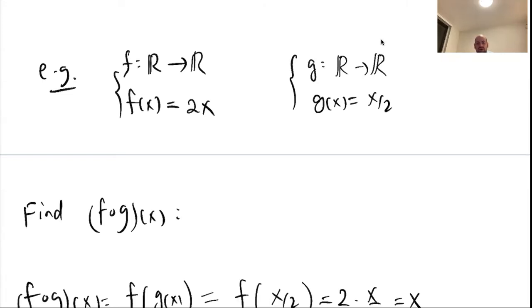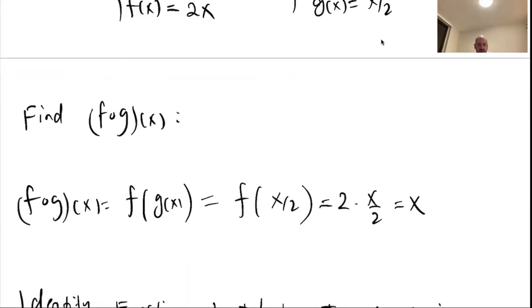So we start with 5, multiply by 2, we get 10. Then we apply g to it, 10 over 2 is 5 again, right? So when we connect f with g together, if we start with x, we end up with x as well, which is what we have shown already here. f of g of x equals x. f multiplies by 2, g divides by 2. So when you connect them together, they do nothing.